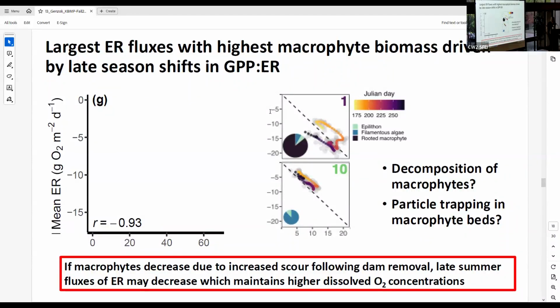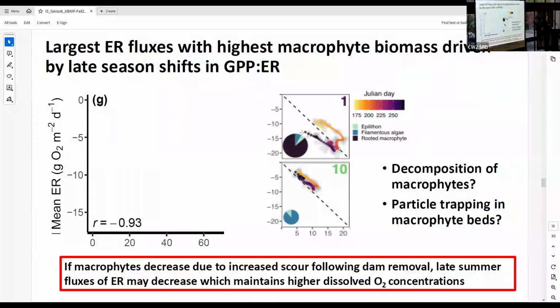And it was driven, interestingly, by a shift from pretty positive GPP to ER ratios to more negative later in the season. So essentially, you can see here the light colored points are early in the season. So that's like June. And then this is July, August, and into September here in the dark points. And so we had these autotrophic conditions.